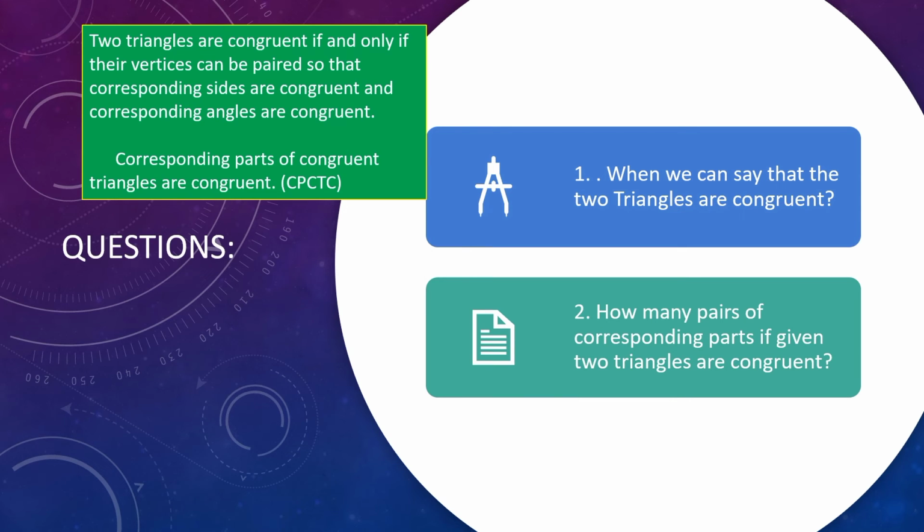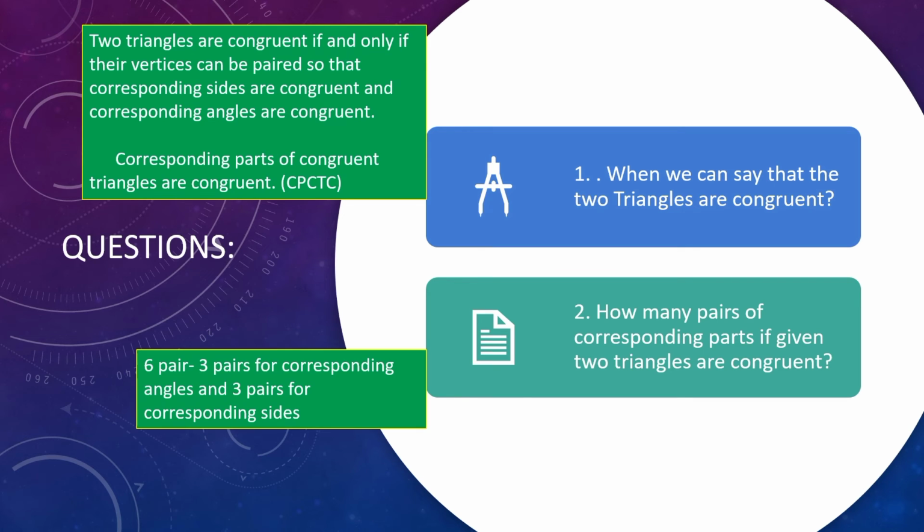By CPCTC, that means corresponding parts of congruent triangles are congruent. How many pairs? Can you still recall? Based on the different examples? Yes, we have 6 pairs. 3 pairs for corresponding angles and 3 pairs for corresponding sides. Do you have clarifications? Questions?